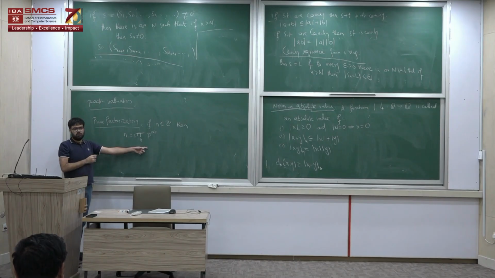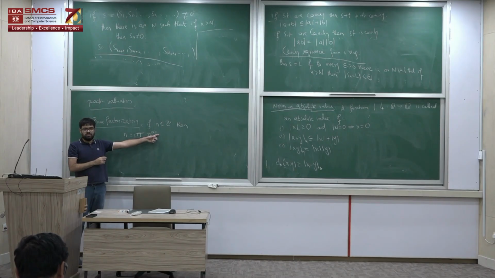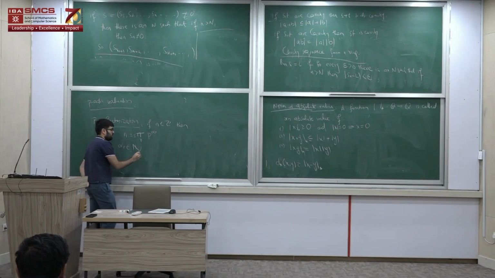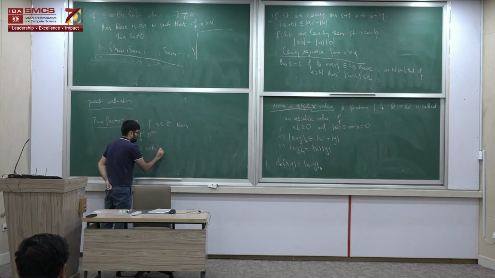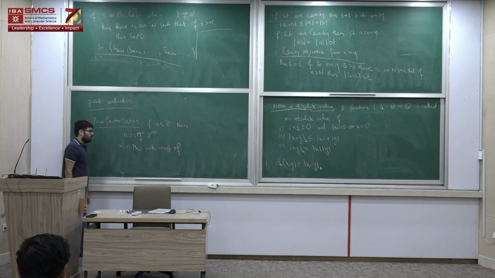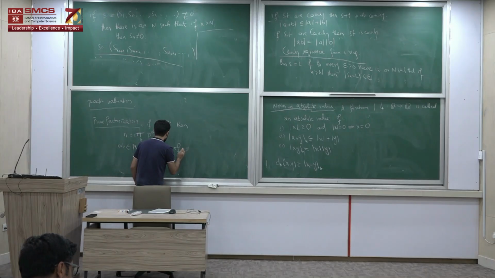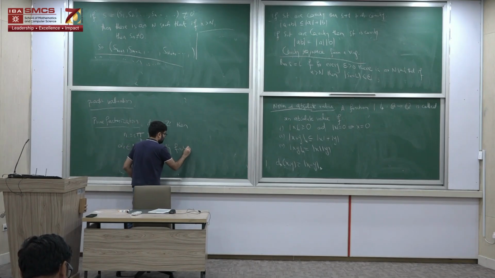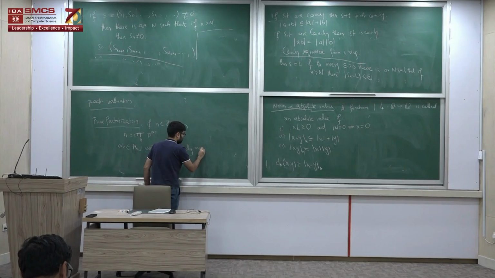If I want this to be an integer, I want the alpha p to be natural numbers with only finitely many alpha p non-zero.